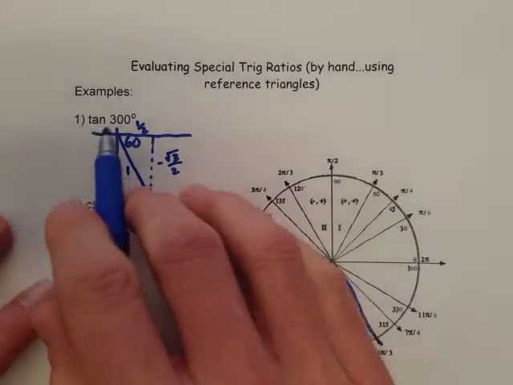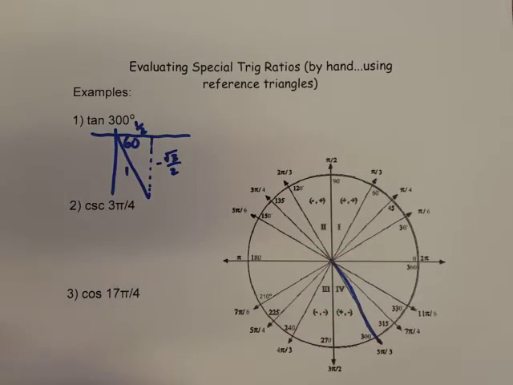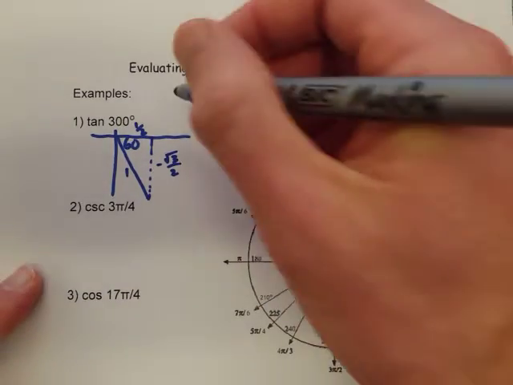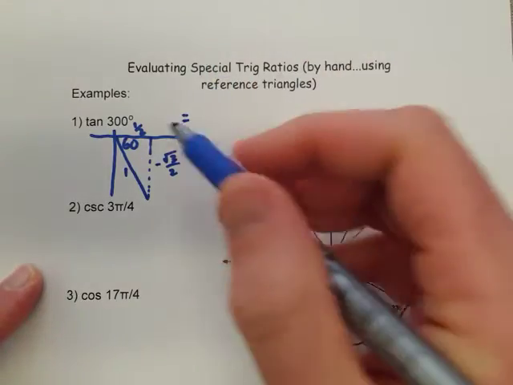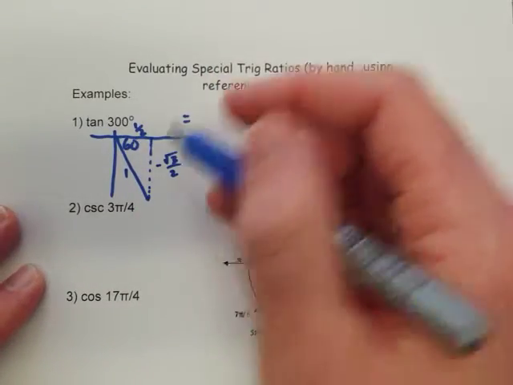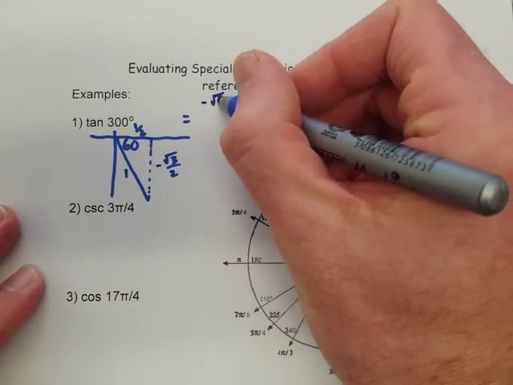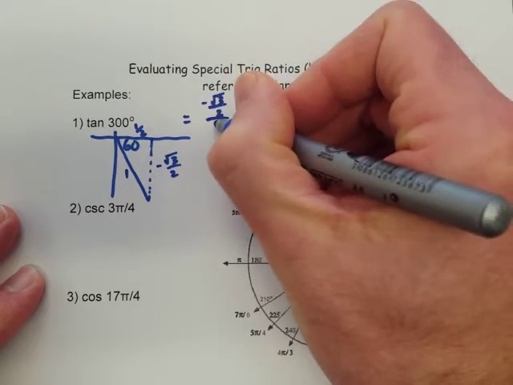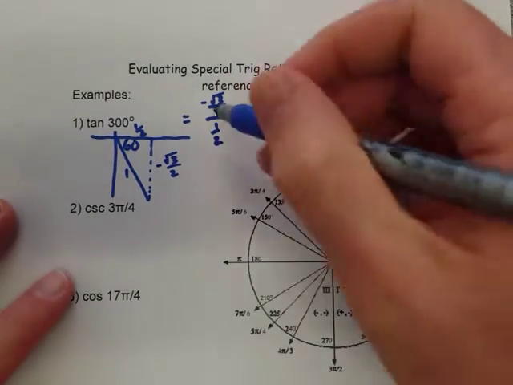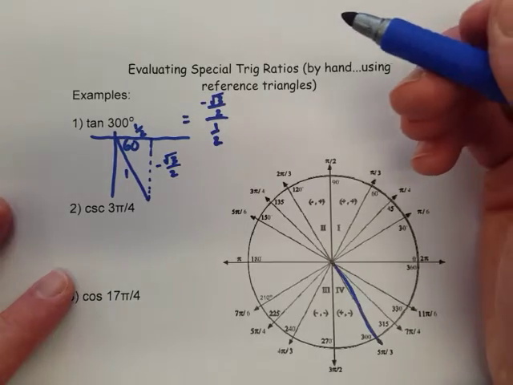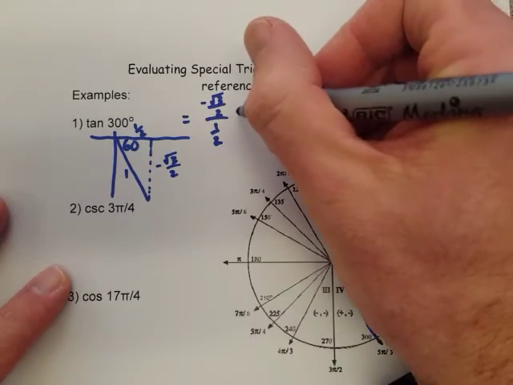Now we want to find out what is the tangent of that. So the tangent of 300 is going to be opposite over adjacent. So then I can do negative square root of 3/2 divided by 1/2. Remember that to divide by a fraction is the same thing as multiplying by its reciprocal.